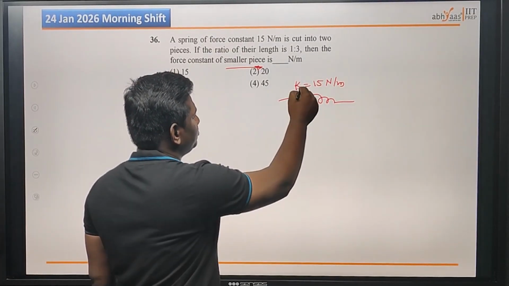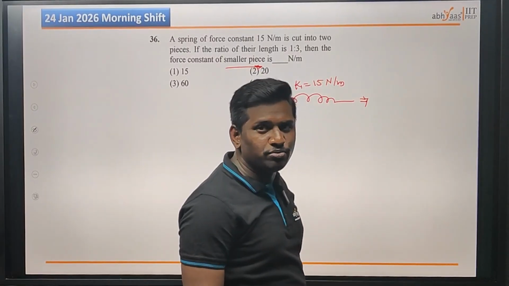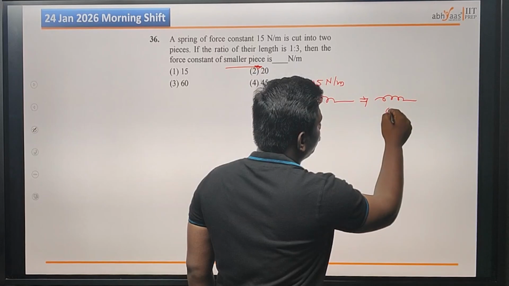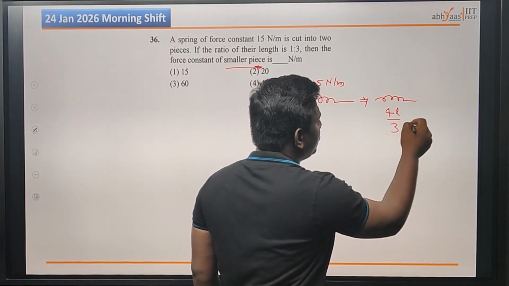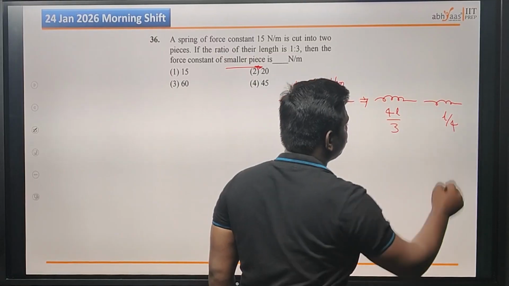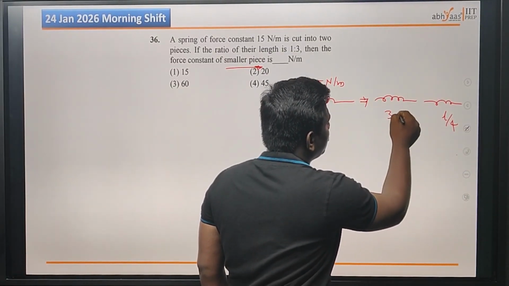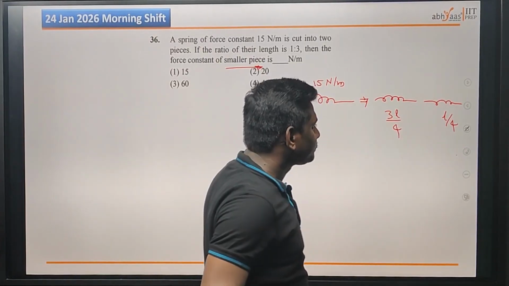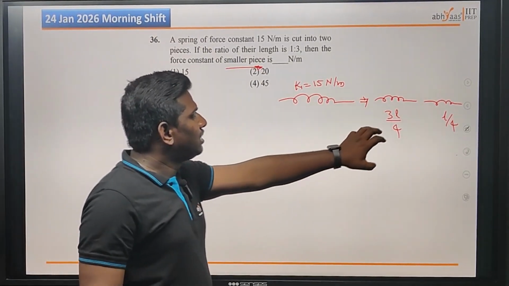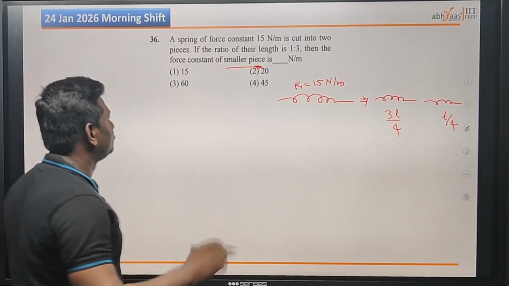Take this one K1, which is cut into two pieces. So see here, 4L by 3 and L by 4, 3L by 4. You have to find the spring constant for the smaller one, L by 4.